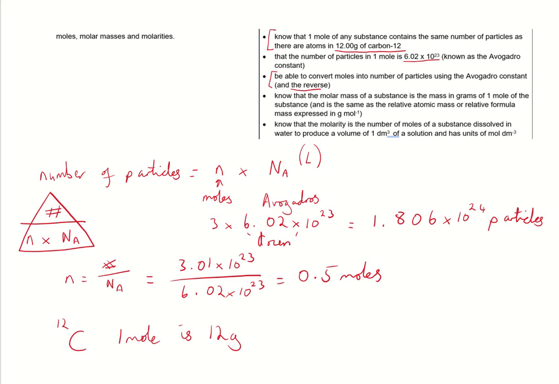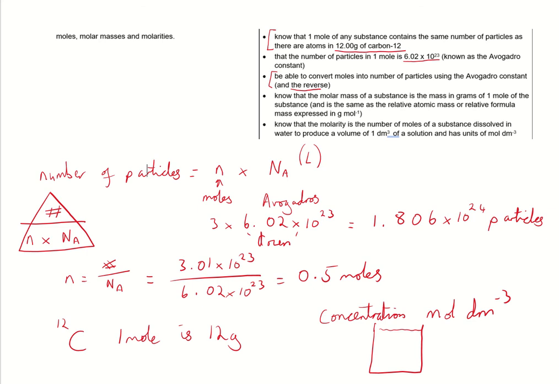Now, know the molarity is the number of moles of a substance dissolved in water. Further videos deal with concentration a bit more, but essentially concentration, its unit is mole per decimeter cubed. So let's say you've got a beaker and it's got 1 decimeter cubed within it.